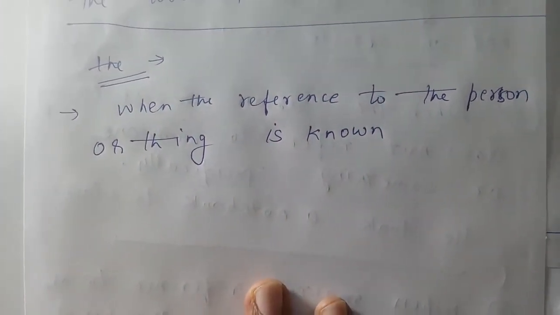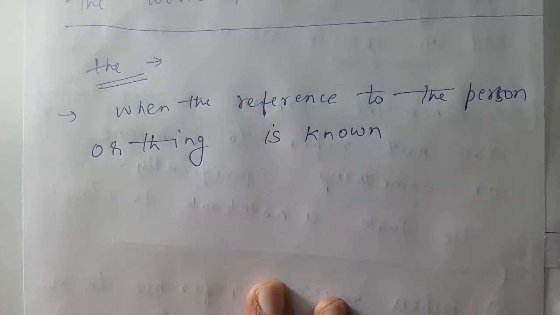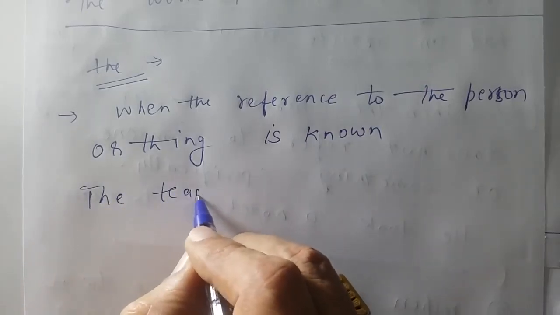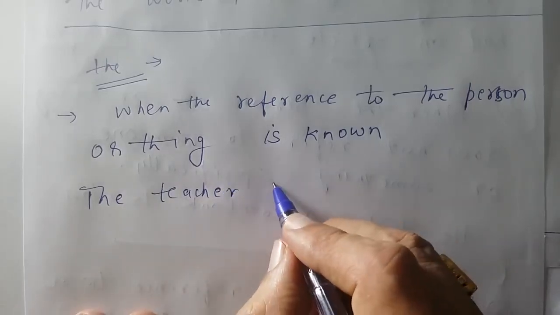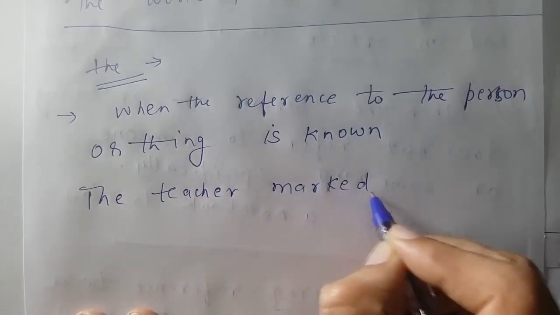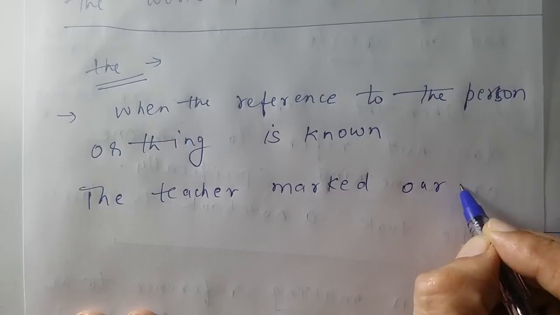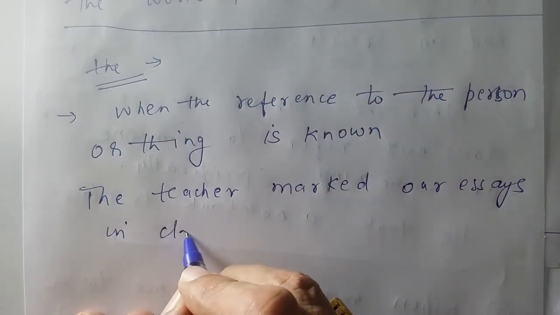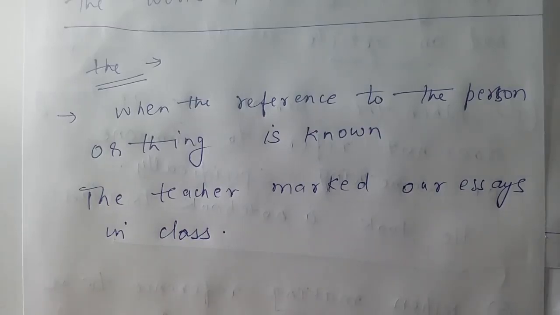Here it's not known. I know my teacher. The teacher marked essays in class. Who is known to me? The teacher.